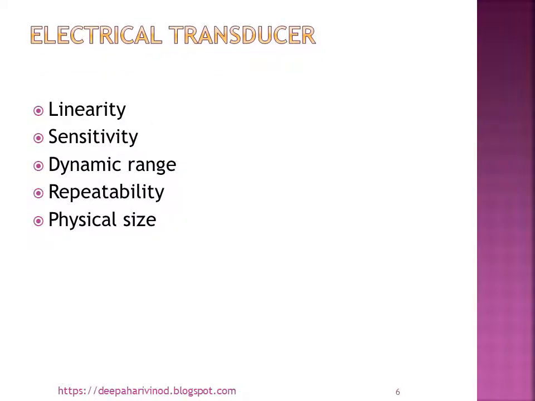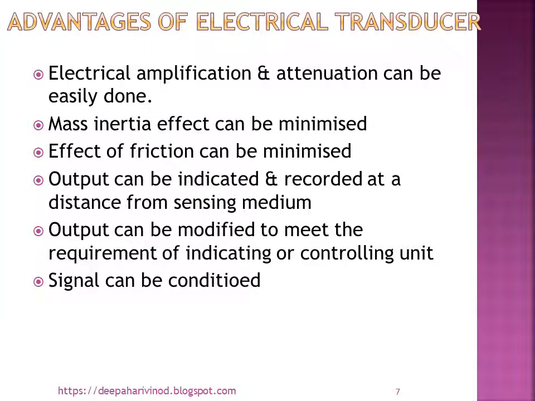Electrical transducer. The main characteristics of an electrical transducer are linearity, sensitivity, dynamic range, repeatability, and physical size. Advantages of electrical transducer: the electrical amplification and attenuation can be easily done.